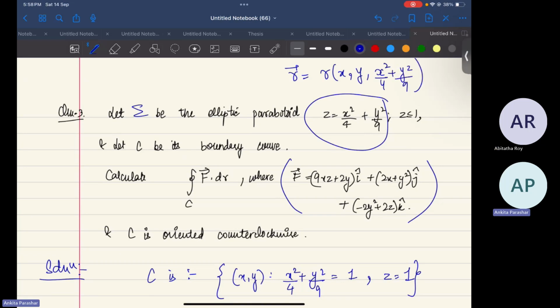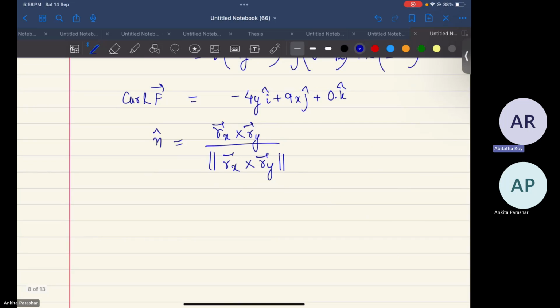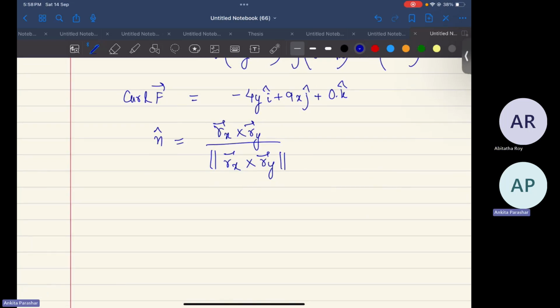This is your z. So what is your Rx? 1, 0, x by 2. So I'll just write i cap, j cap, 1, 0, x by 2. Is that okay?